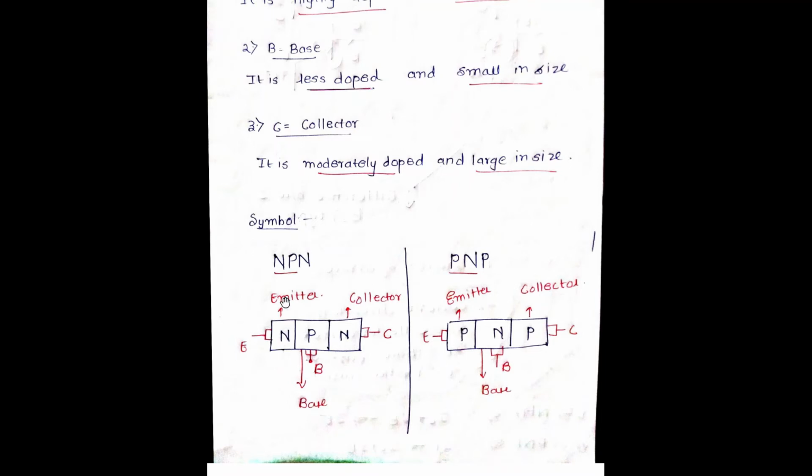The N stands for the emitter, the P stands for the base, and N again stands for the collector. Then you have the PNP, again with the same order. P is the acceptor concentration, N is the donor concentration, in which the P is the emitter, N is the base, and again P is the collector.